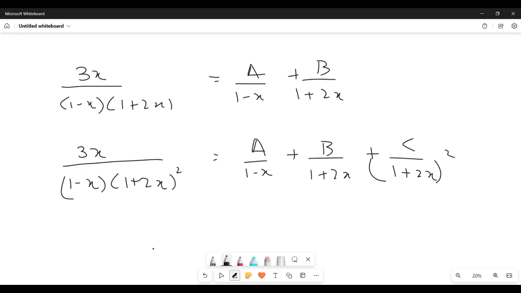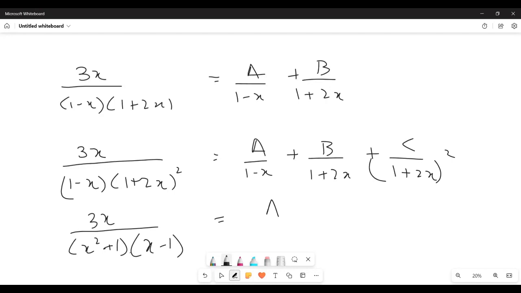फिर होता था जब क्वाड्रेटिक हो डिनोमिनेटर में, लाइक 3x अपॉन (x square plus 1) एक है टर्म और एक लीनियर है, let's say x minus 1.